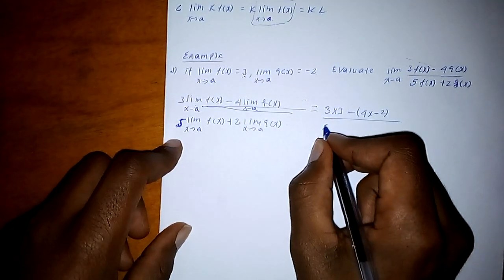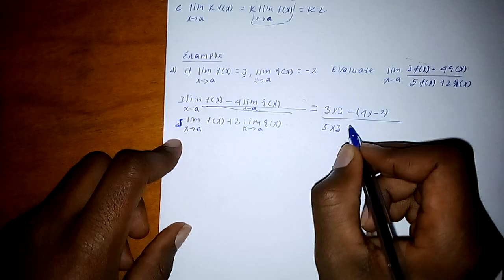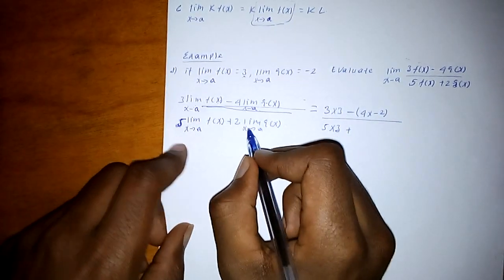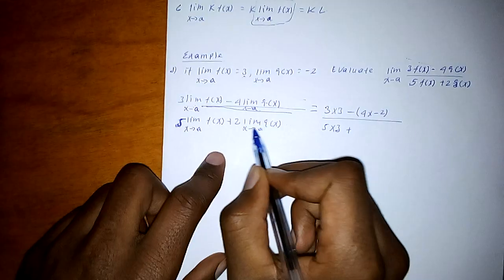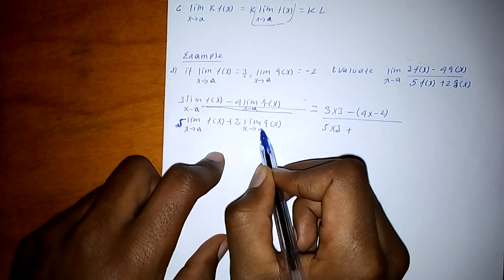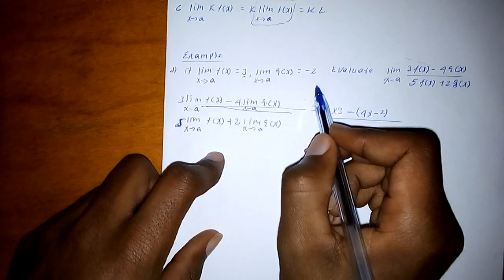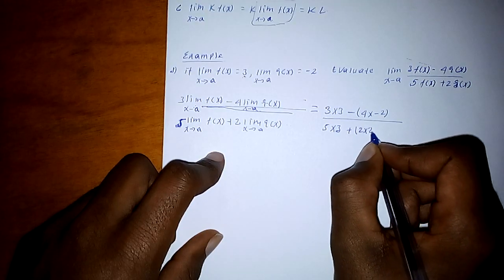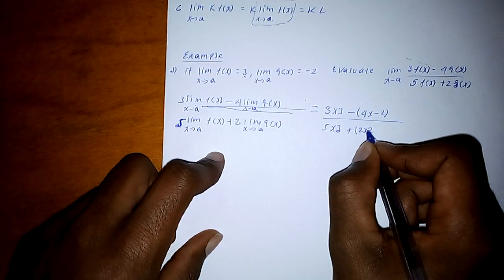So 5 times 3, plus 2 times the limit of g of x as x approaches a, which is minus 2.